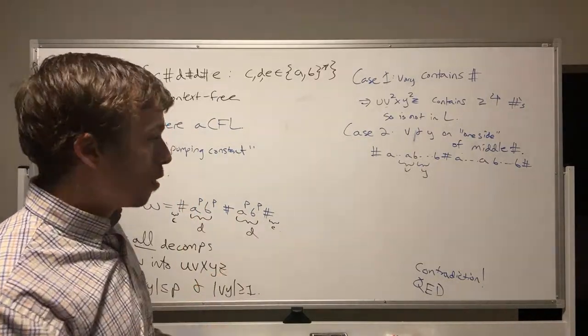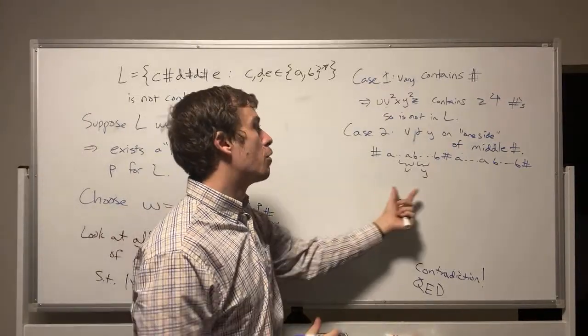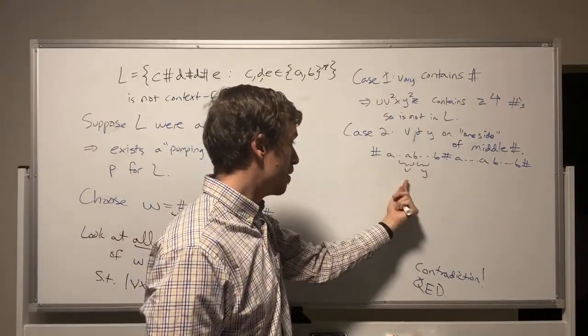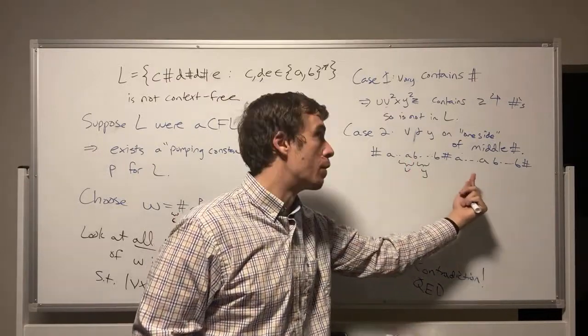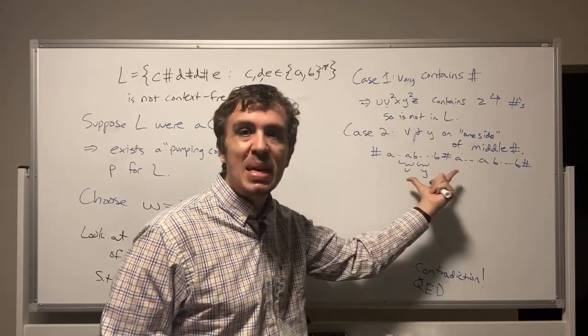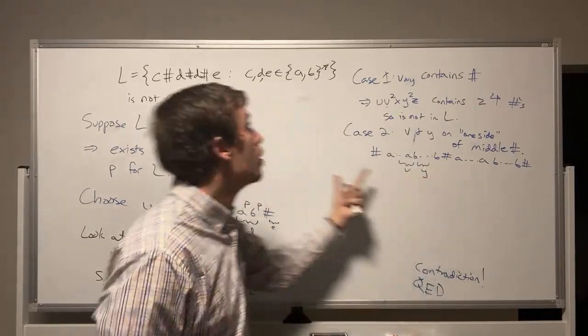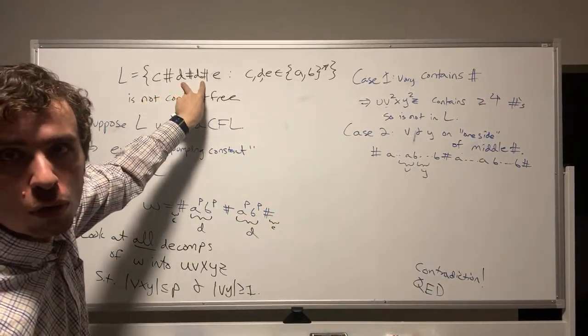Okay, so then we can do the same trick, but for a different reason. If I put more of the characters on this side here, I'm not touching any of the characters over here. And so these two sections aren't going to be identical anymore, because they were identical before, but they need to be identical in order to be in the language.